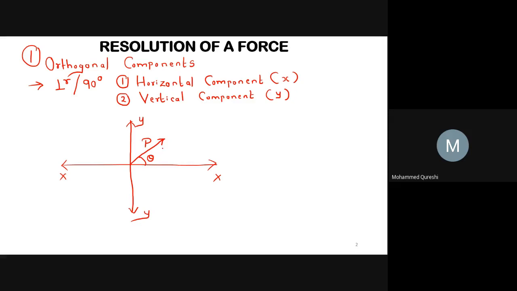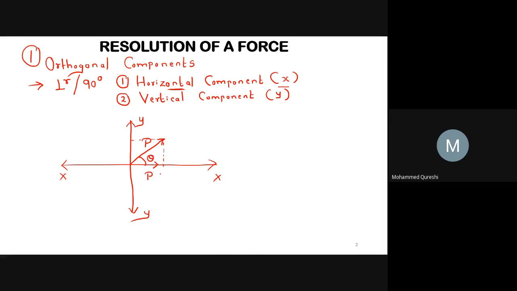So for this P force, we have two components. One is your horizontal component. The horizontal component means x component.